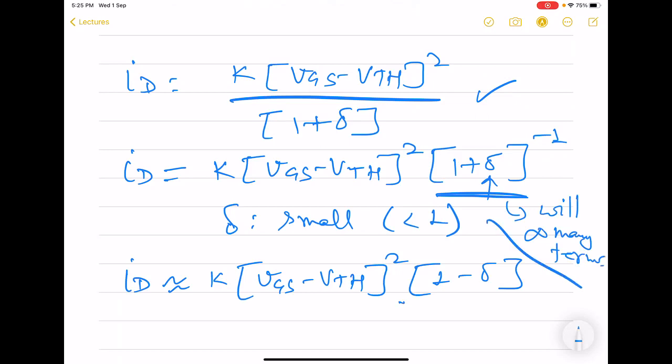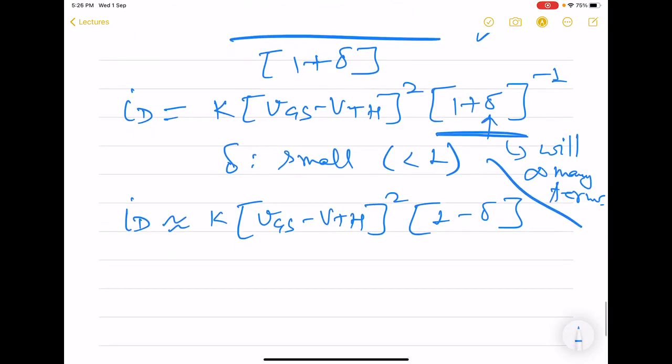So we have overlooked all higher terms and included only the first order term here. This can be written as K into (VGS minus VTH) whole square, and we can now substitute delta, because ultimately we want to write this expression for ID in terms of VI so that we can compare with the equation 1 to find out the coefficients.